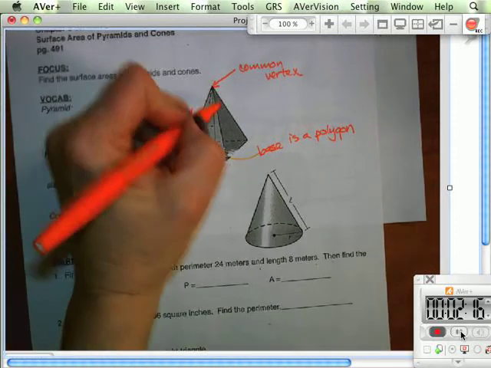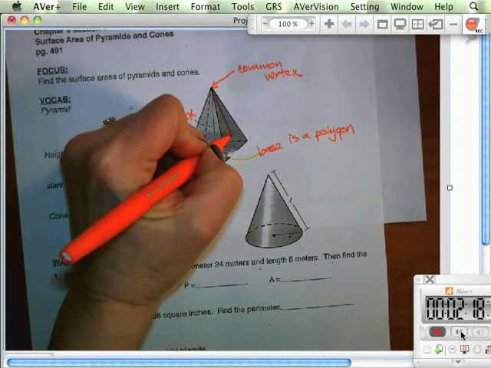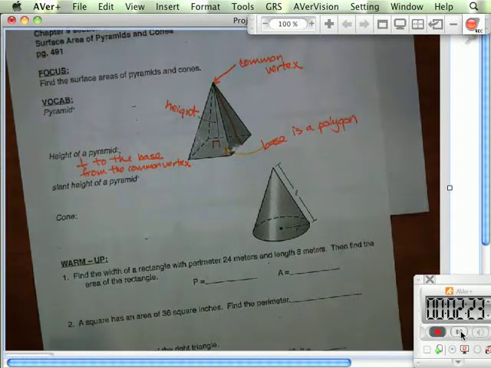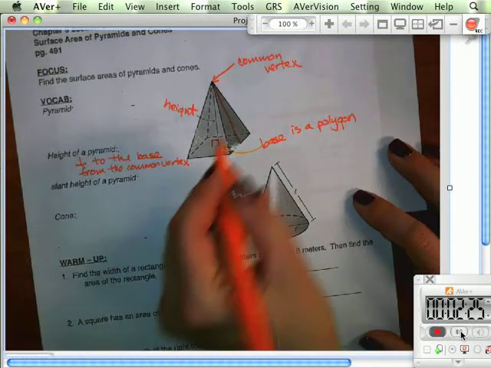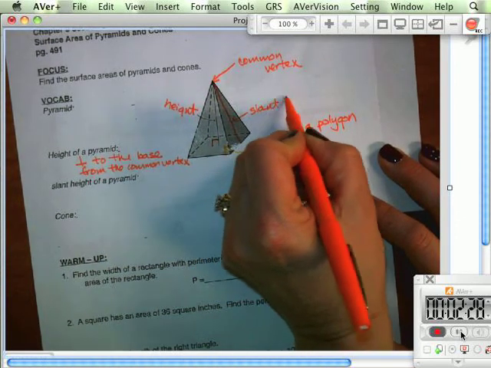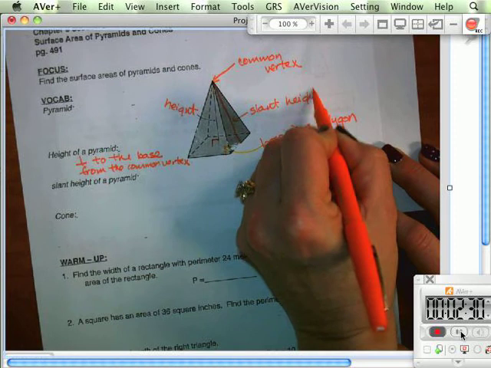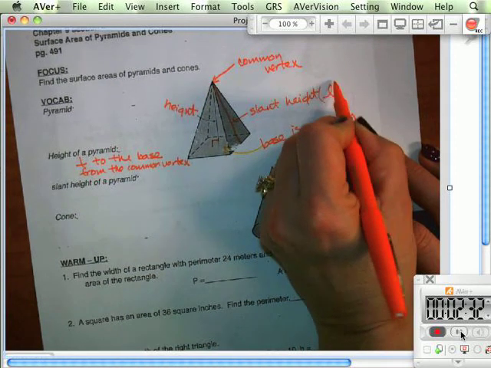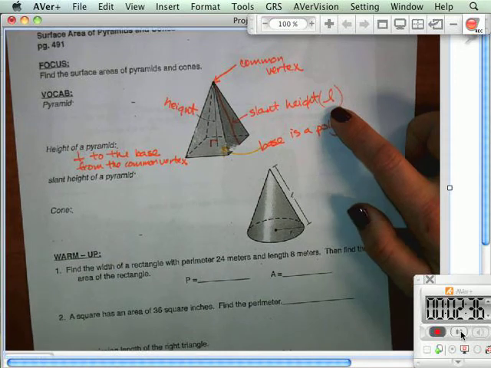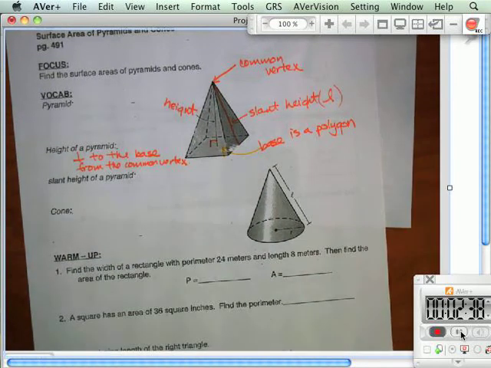So we're going to draw a picture here. From the vertex to the middle of the side triangle, that is called the slant height. Kind of makes sense. It's shown by using a cursive L. Height is straight up, slant height is slanted.